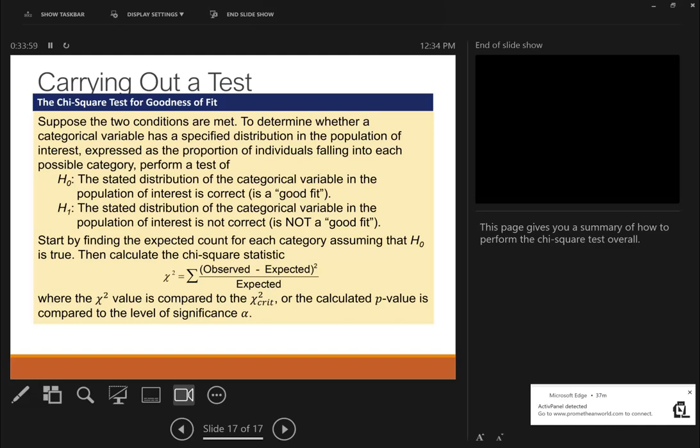And then we find the expected counts for each categorical variable, and then calculate the chi-squared statistic using the formula we discussed earlier, and then compare that chi-squared value to a chi-squared critical value, or compare the calculated p-value against the level of significance. Does everybody feel good? Okay. That's it. That's the gist of it.